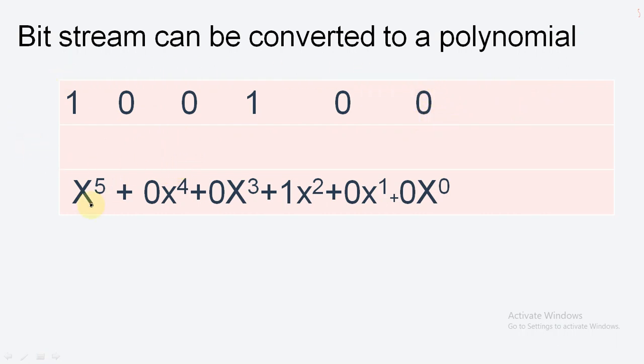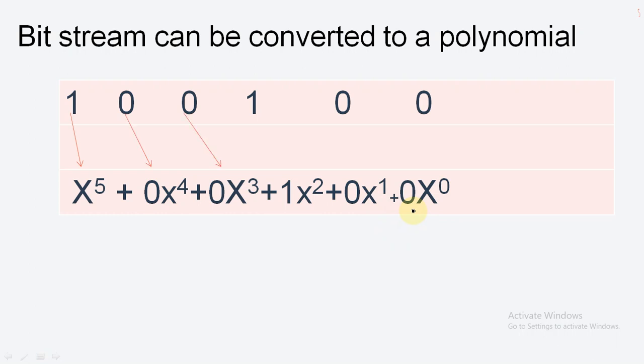Therefore, the degree of the polynomial must be 5, because one term should be devoted to the constant term. So x to the power of 5 is present. x to the power of 4 is absent: 0 into x to the power of 4, 0 into x to the power of 3, 1 into x square, and 0 into x to the power of 1, and 0 into x to the power of 0.